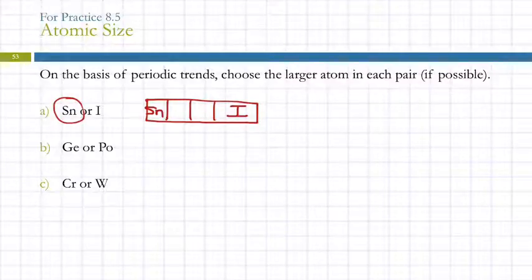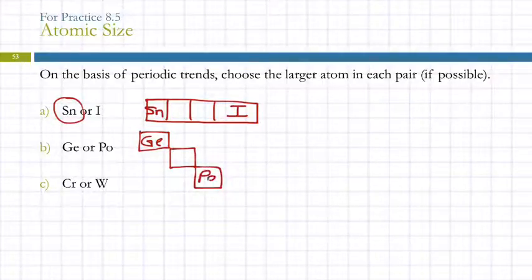Germanium or polonium. You don't have to know the names of those. You just need to know the symbols and be able to find them on the periodic table. This is a little funkier. There's germanium, and going down here is something else we don't care about, and down here is polonium. There are two things going on here. We're going from left to right, and we're also going from top to bottom.